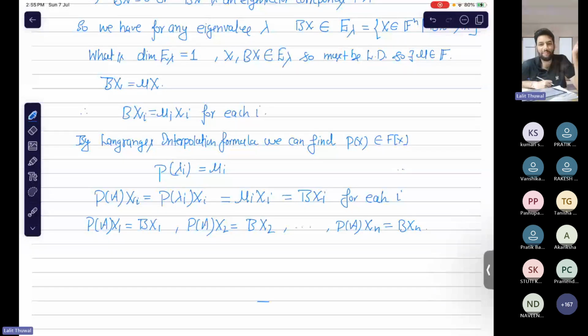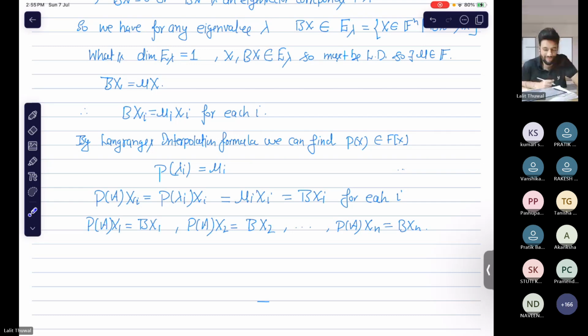Oh, right. But why does PA minus B have to be 0? Sir, because xi's are not 0, because they are eigenvectors. Okay, but PA minus B may be some matrix with rank less than n, right? Then PA minus B times some non-zero vector may be 0. So this alone does not give PA equal to B.